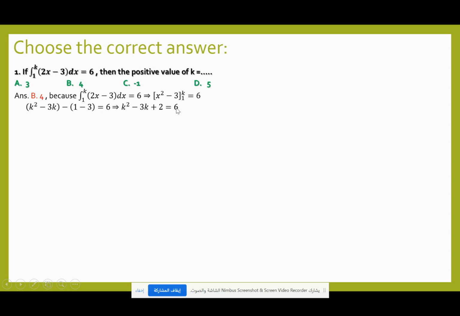I can see that we have a quadratic equation. We need to set it equal to 0 by moving 6 to the other side and making it negative. That will be 2 minus 6, which is negative 4. Try to factorize it, because it is a quadratic equation, by opening two brackets like that: k plus 1 and k minus 4.